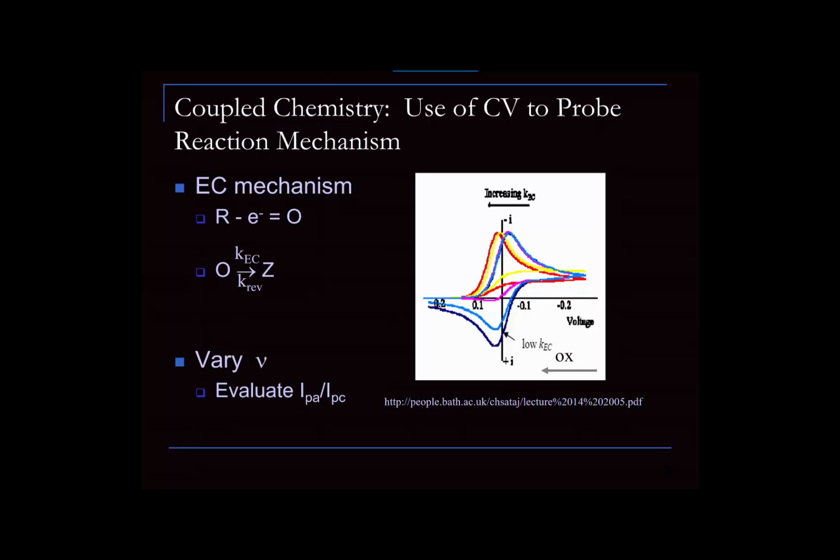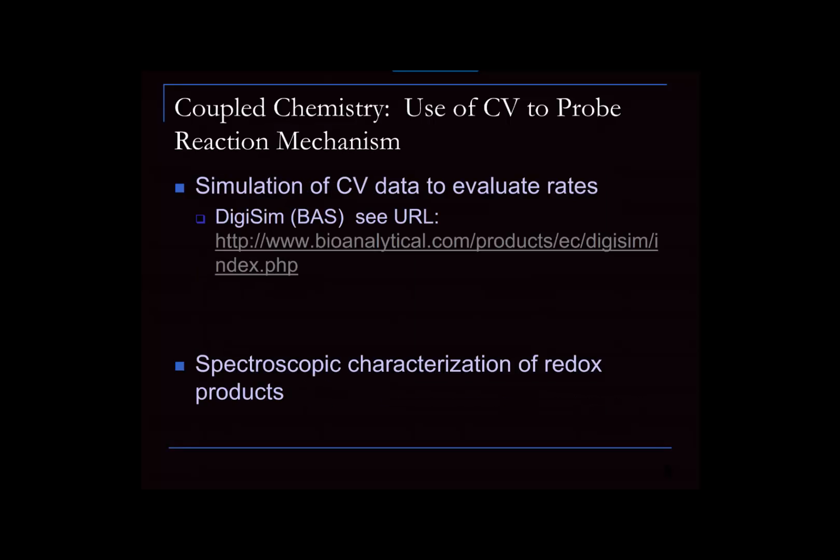And you can actually use those data and vary the scan rate and figure out the reaction rates, which is really cool. You can do this with programs. An example of that is DigiSim, which is a product of Bioanalytical Systems, and it's good in terms of bioanalysis, and I've given you a reference to it.